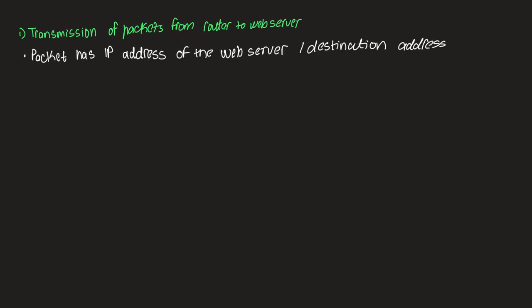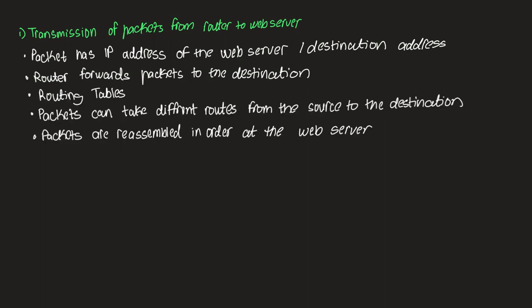First, the packet has the IP address of the web server, or the destination address. The router then forwards the packets to the destination. The routers use routing tables, allowing the packets to take different routes from the source to the destination. The packets are then reassembled in order at the web server.